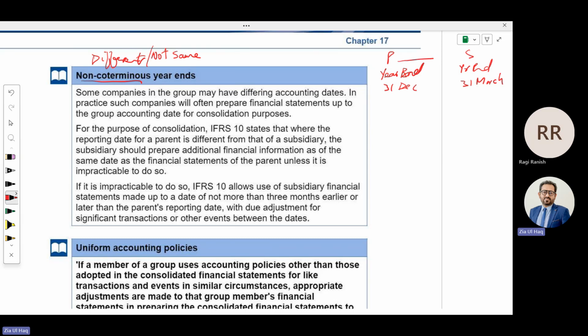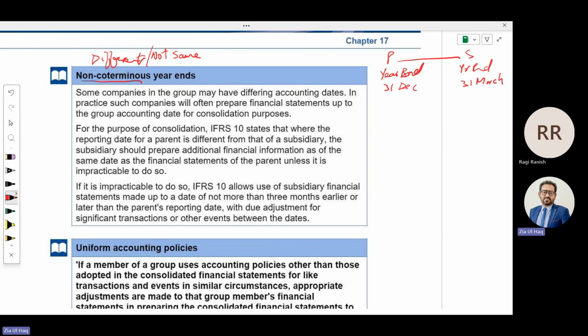First, try to change the subsidiary year end to 31st December. For this period, you might prepare 9 months accounts, not for the complete year. But in future, the issue will be resolved. Or try to change the parent company year end to 31st March.